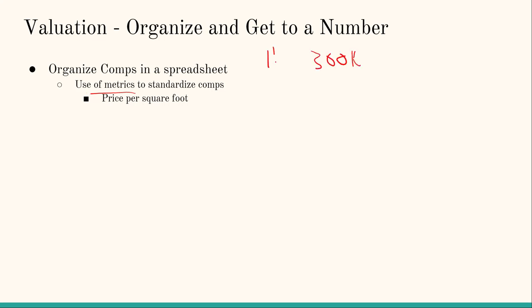This is property number one in your comp set, sold for 300K, and it was 1,200 square feet. Number two sold for 280K, and this is the price it sold for, and this is square feet, and let's say this one was 1180.